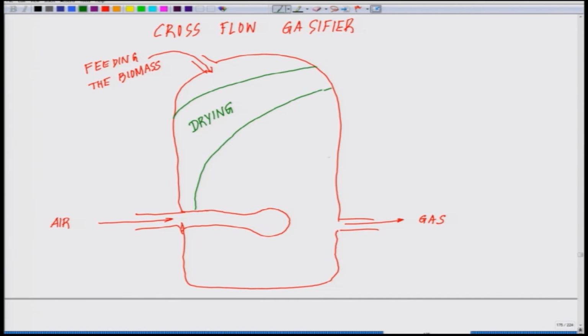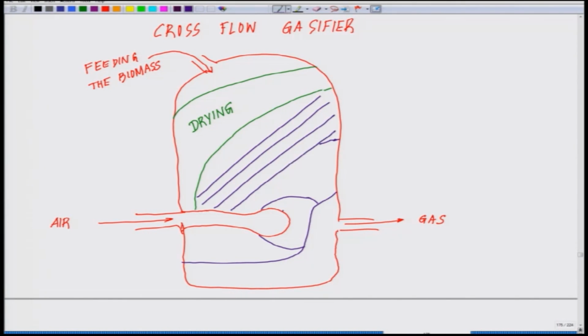Next is the distillation zone, which I am putting in a different color for your better understanding. This zone, which I am now hatching with violet color, is called the distillation zone.